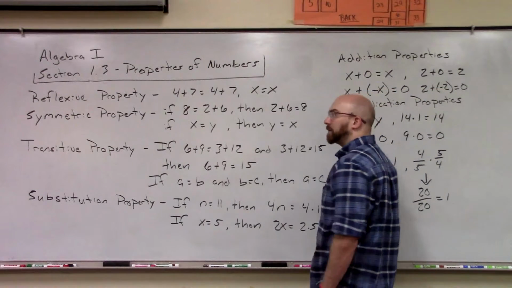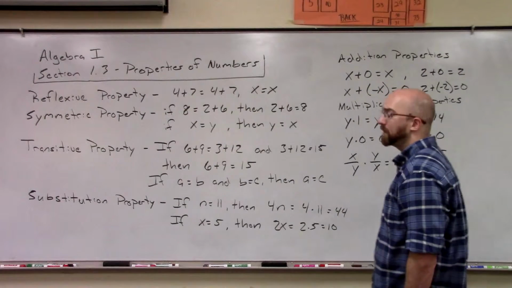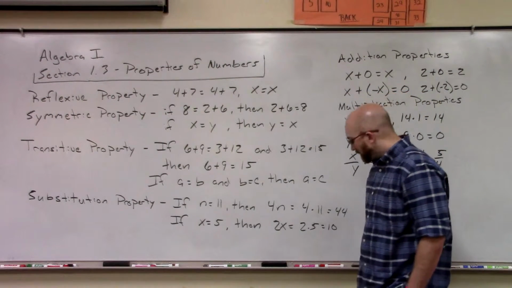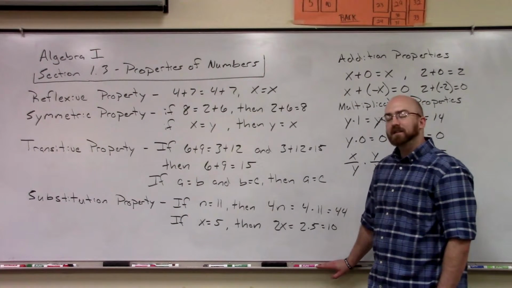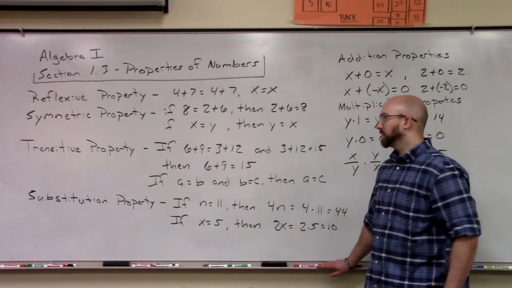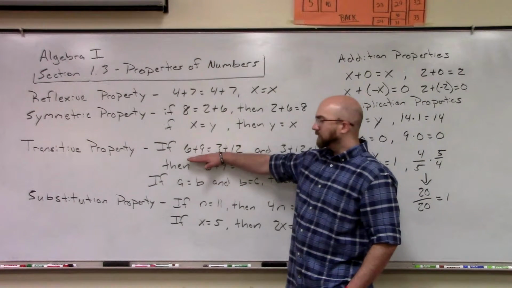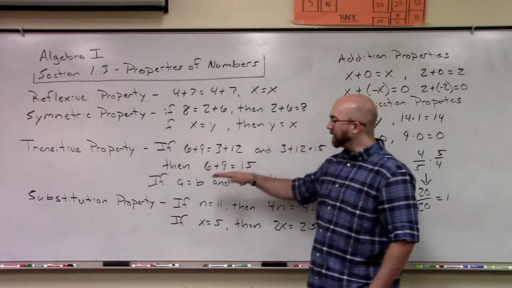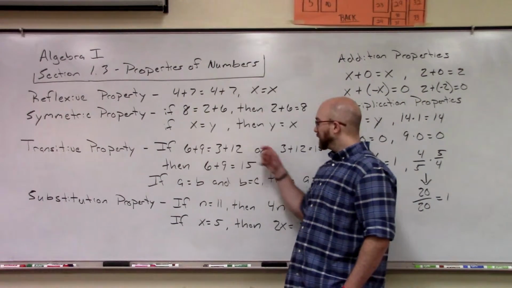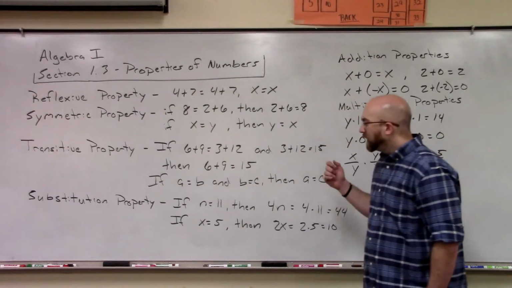The transitive property is actually a really good one to make sure you understand and master. If 6 plus 9 equals 3 plus 12, and 3 plus 12 equals 15, then 6 plus 9 equals 15. Since I know 3 plus 12 equals 15, and 6 plus 9 equals 3 plus 12, then 6 plus 9 is going to equal 15.